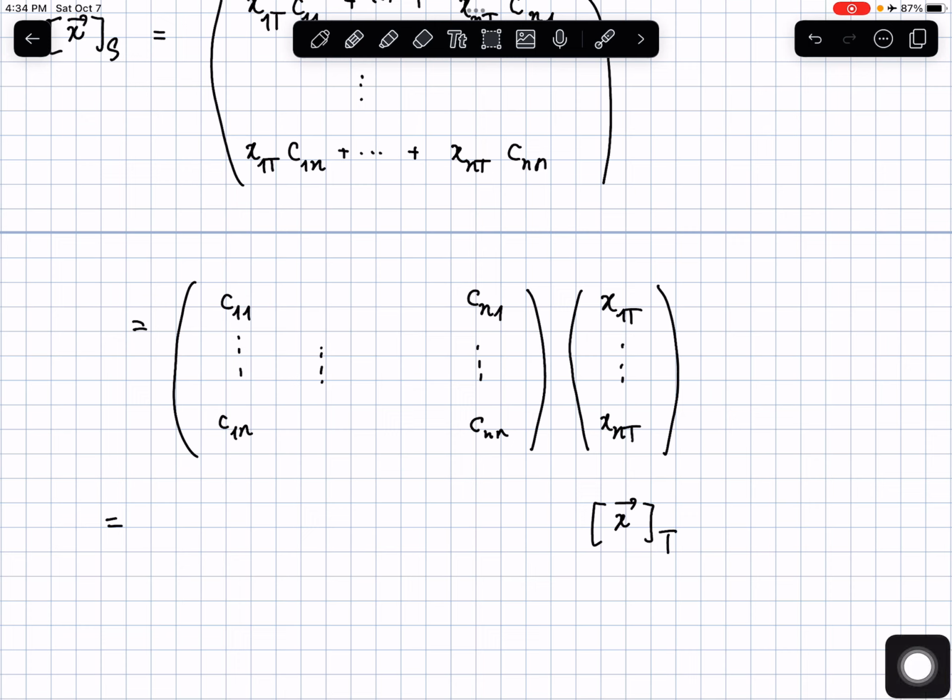And this matrix will be the transition matrix from T to S. We go from T to S.